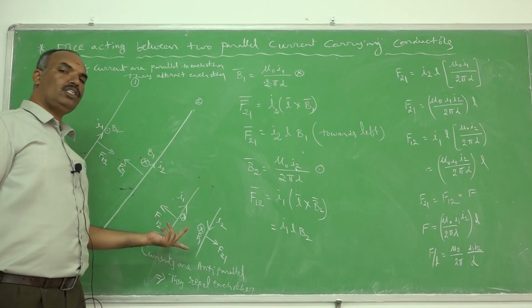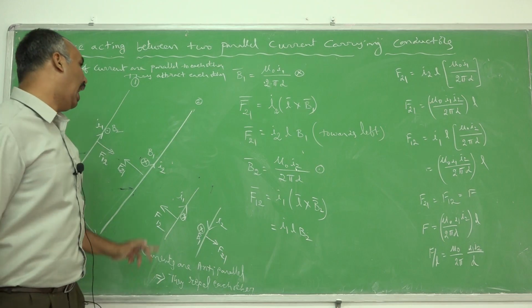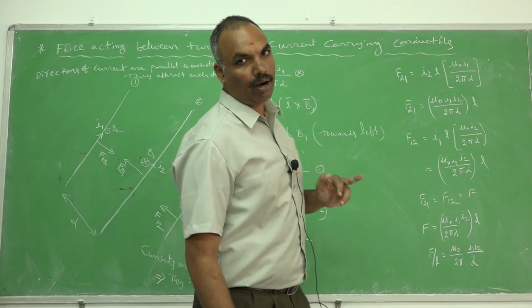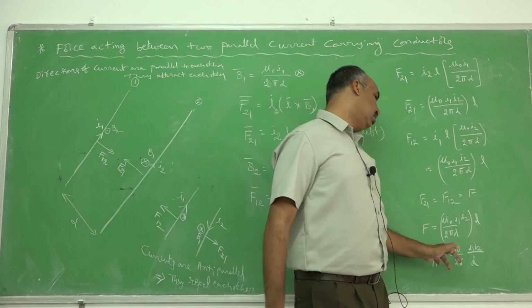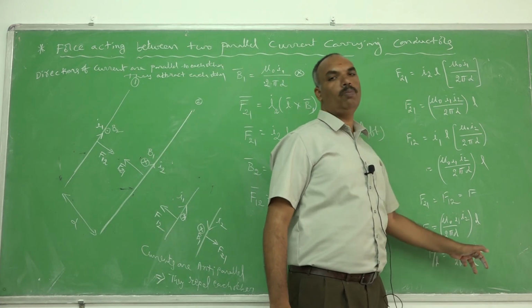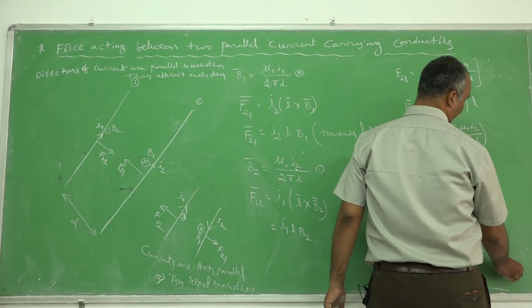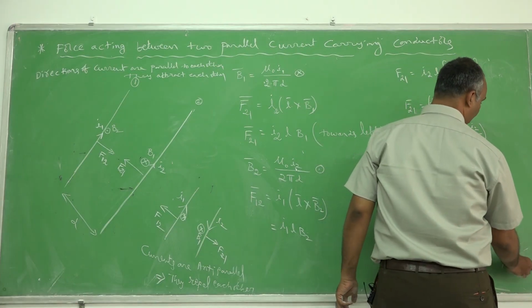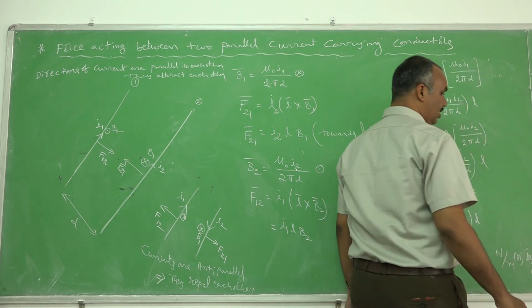Those two conductors will repel each other if currents are moving anti-parallel to each other. Either force of attraction or force of repulsion per unit length is given by this formula, mu naught I1 I2 by 2 pi d. As it is force per unit length, the units are Newton per meter or dyne per centimeter in CGS system.